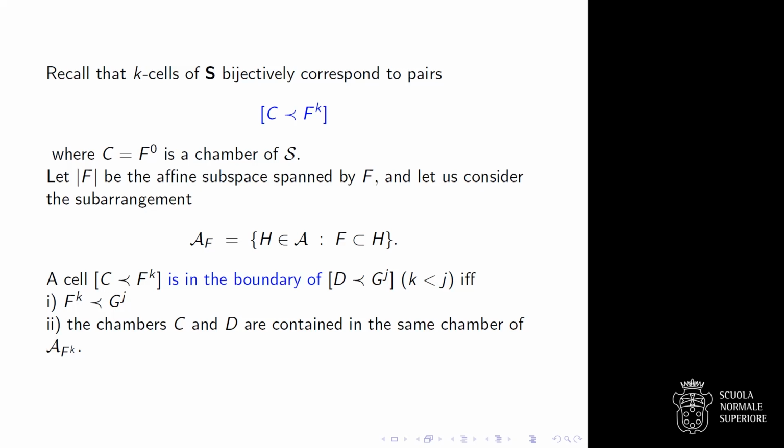Okay. And if we look to this, what we have in the boundary, the chamber C and D contain in the same chamber of, oh, sorry, I made a mistake. Of course, in our case, the cells we are looking at in the boundary of this, so we have C0, this one, and C1, this one.